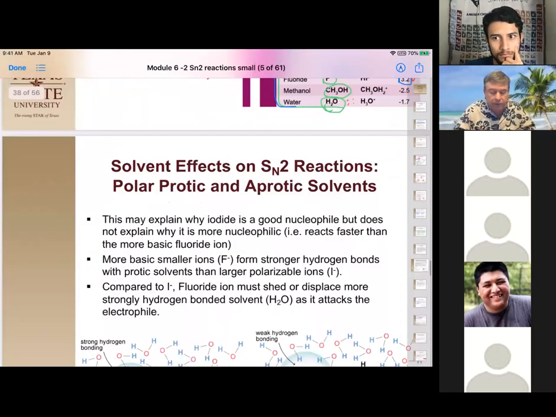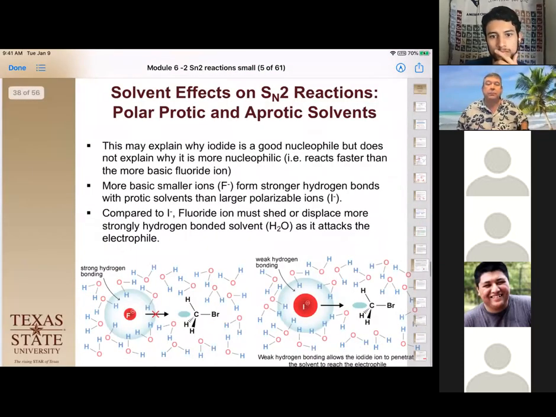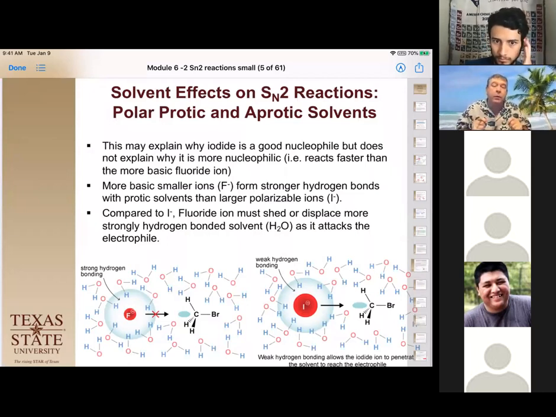And we want to talk about 2 particular types of solvent. The first type of solvent is what we call a polar protic solvent. These are solvents that can hydrogen bond. Think alcohols and water and acetic acid. These all have hydrogen bondable hydrogens. We call those polar protic solvents because they have a proton they can donate.